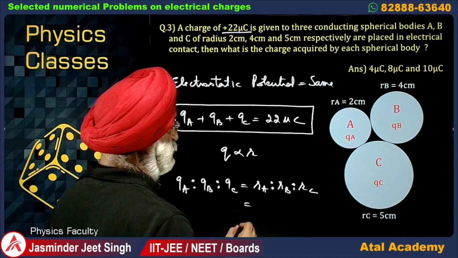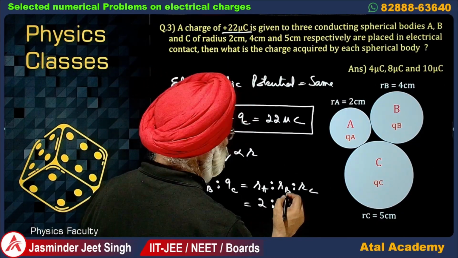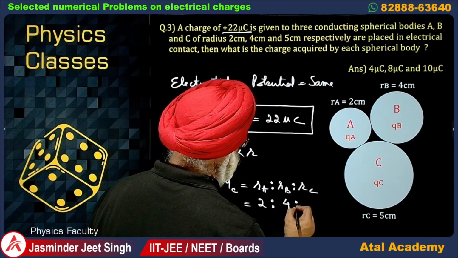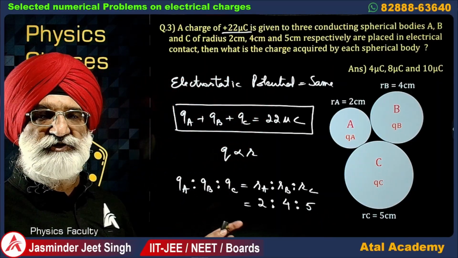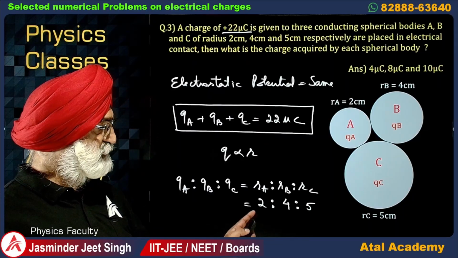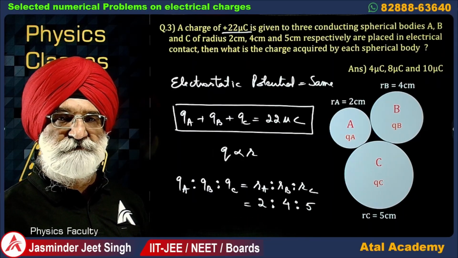The radius of A is 2 cm, the radius of B is 4 cm, the radius of C is 5 cm. That means the charges to be distributed will be in the ratio of 2:4:5.